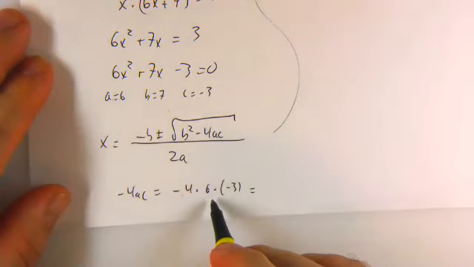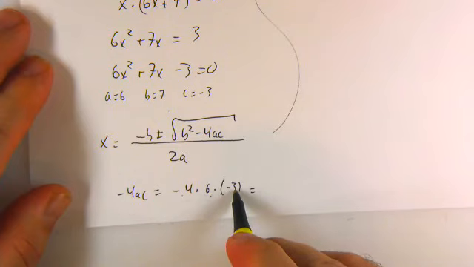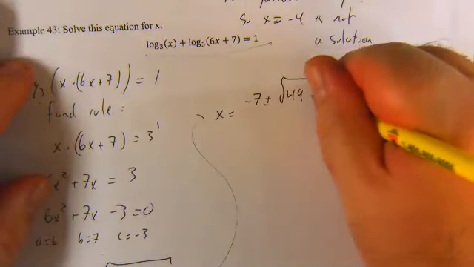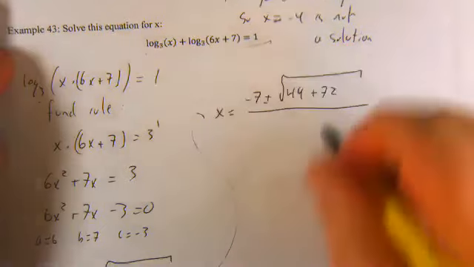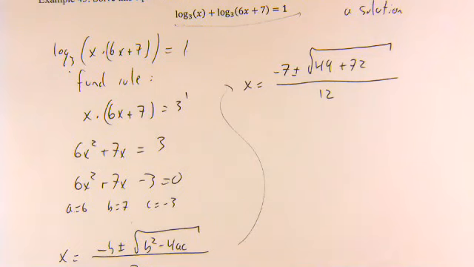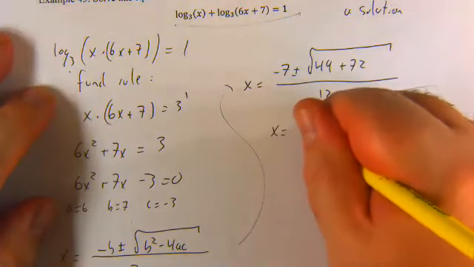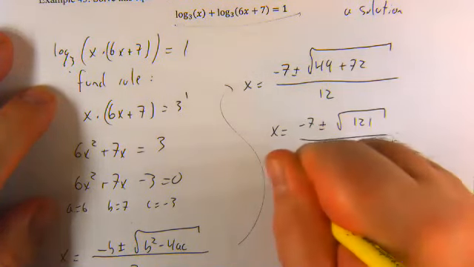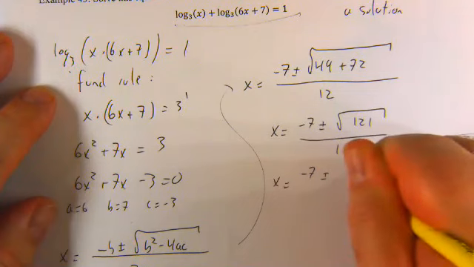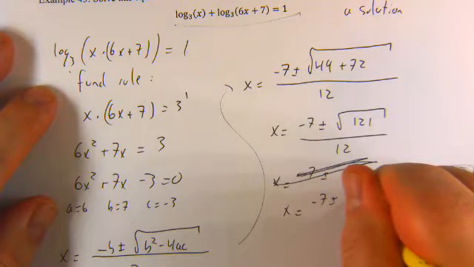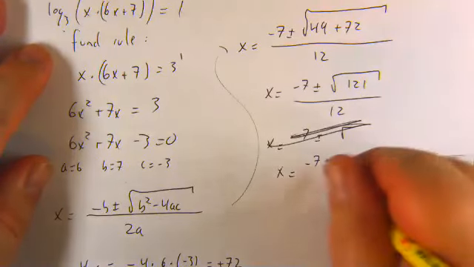We'll end up with a plus. 3 times 4 is 12. 12 times 6 is 72. So that's actually plus 72. And then 2a, a is 6, so it's all over 12. So x equals minus 7 plus or minus the square root of 121 all over 12, which is minus 7 plus or minus 11 all over 12.